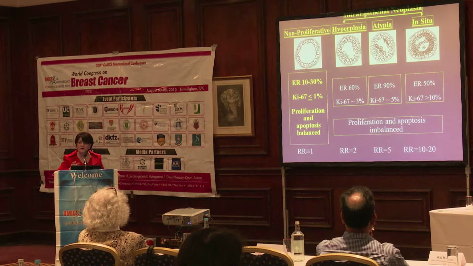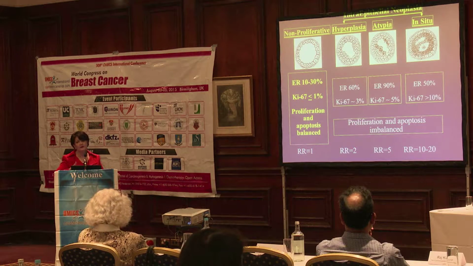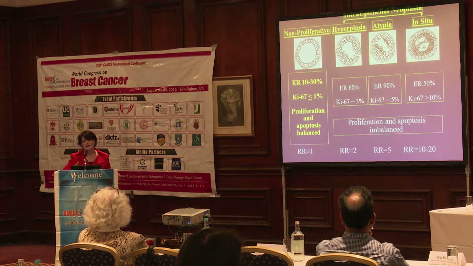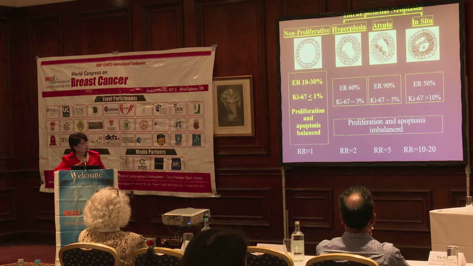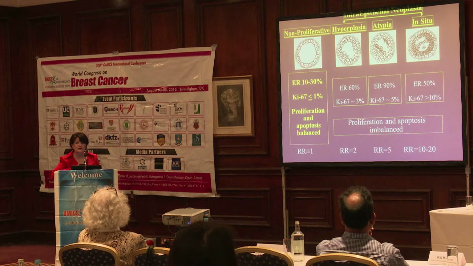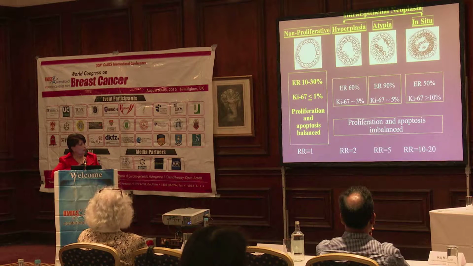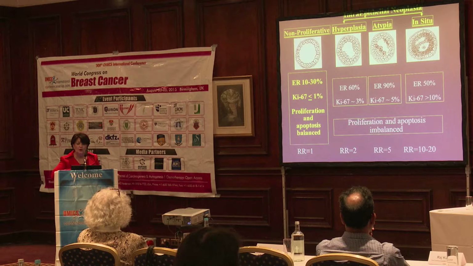The balance between the two is the state of health of normal epithelial cells. When that balance changes over the progression, the relative risk for breast cancer increases from 1, which is the normal status, all the way to 10 to 20 when we are calling something carcinoma in situ.